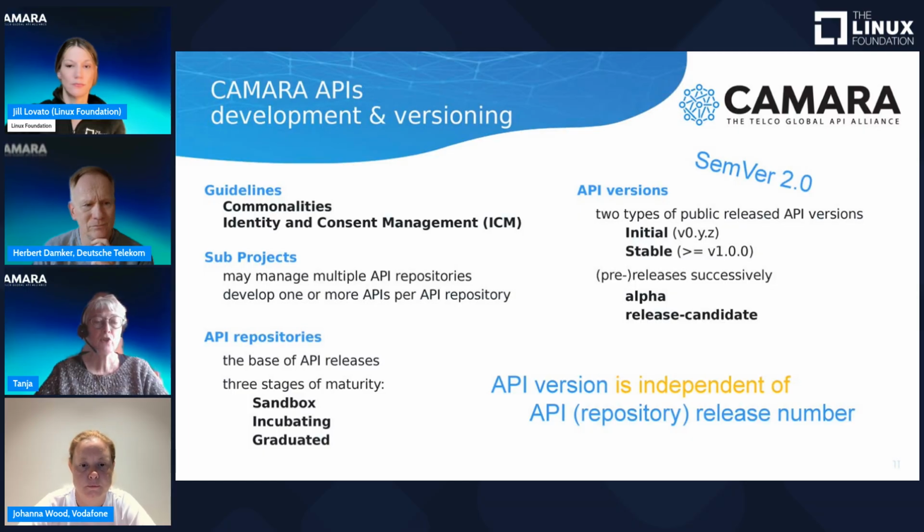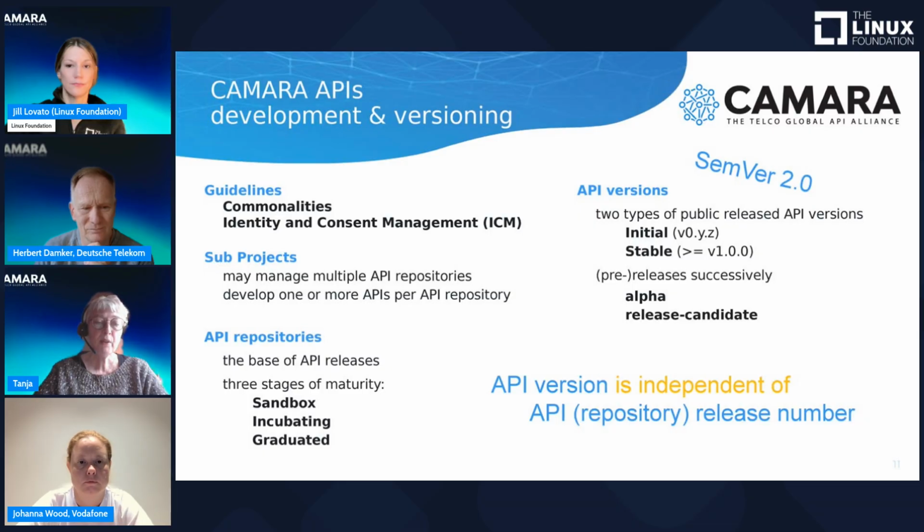Then the API subprojects manage one or more API repositories. In one API repository, you can put one or more APIs, but those APIs should be very closely related, because API repositories are the base of API releases. So if there are multiple APIs in one repository, they will always be released together.